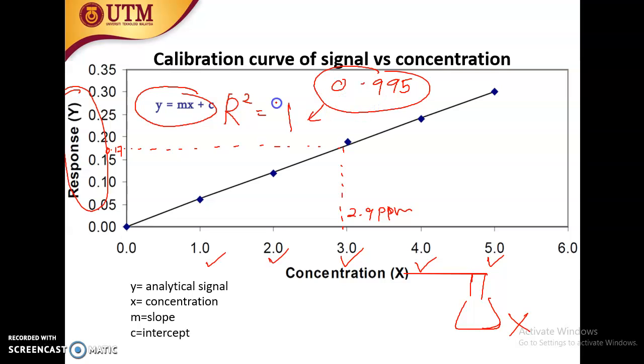Okay, so we will see what a bad R square looks like later. Okay, from Y = mx + c, how do you analyze the concentration of X? X is concentration, right? Y is signal, right?